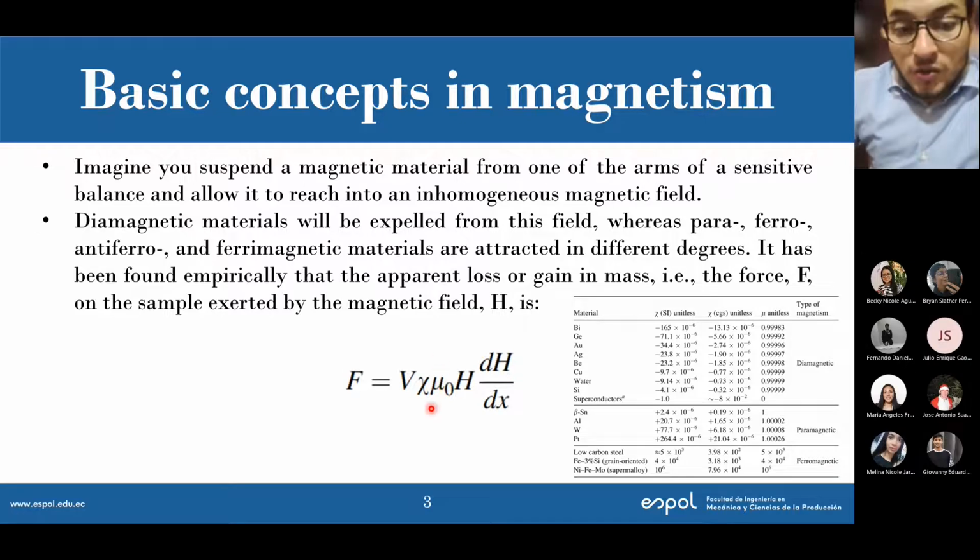That's one single constant, but then we have mu, that's just the permeability in general. So we have different constants. You can see it's also unitless. And if you see the combination of these two constants, chi and mu, they will determine the type of magnetism the material has. And you can see here for different metals, you can see the values there. Okay.